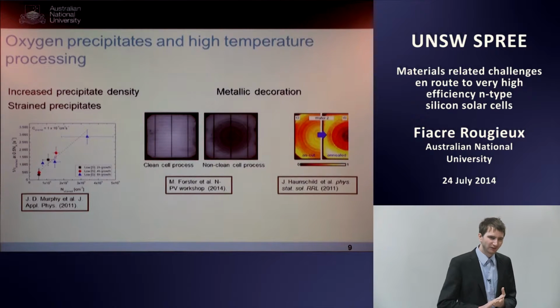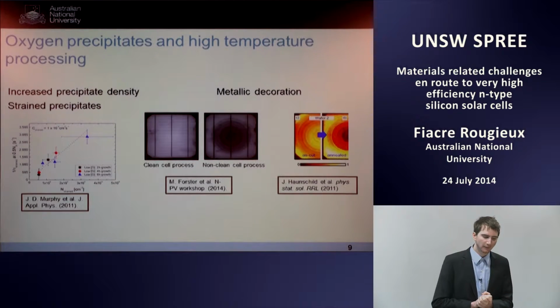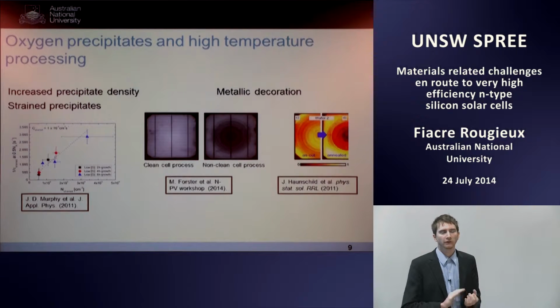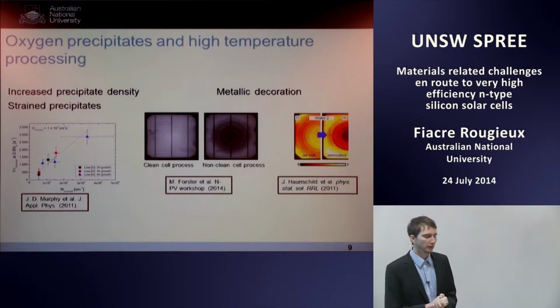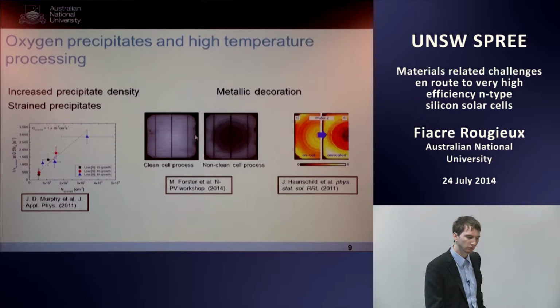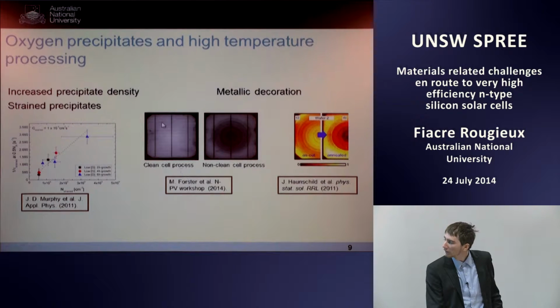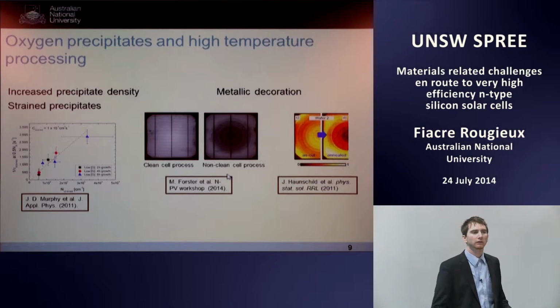I think another interesting feature of those precipitates is metallic decoration. It seems from recent results that those precipitates without metallic decoration are not recombination active, and you can see it here on these two graphs. On the left is a clean cell process, and on the right is a less clean cell process. So basically, different chemical cleanings have been used, and the exact sister wafers have been used here.